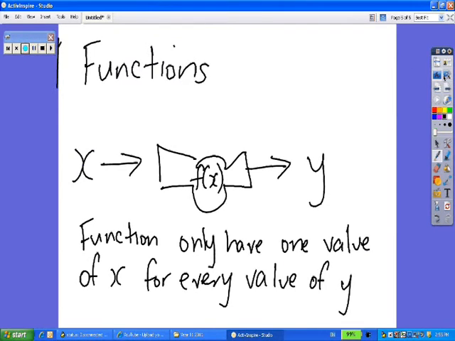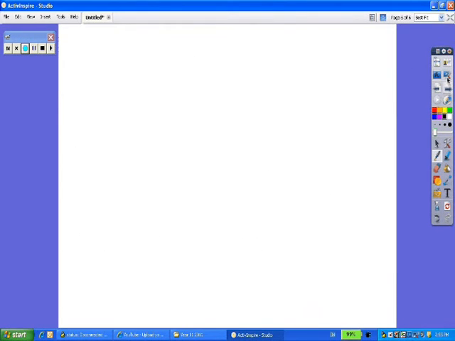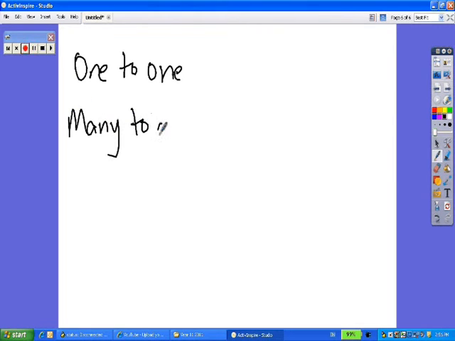Okay? That is the important part. So there are two kinds of relations that we just talked about that satisfy that. All right? One-to-one and many-to-one. Both satisfy that criteria, so they're both called functions.